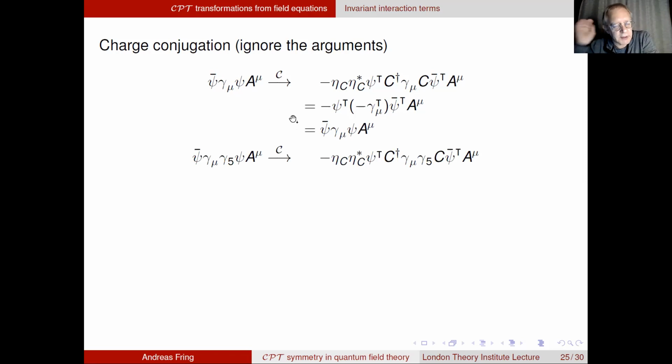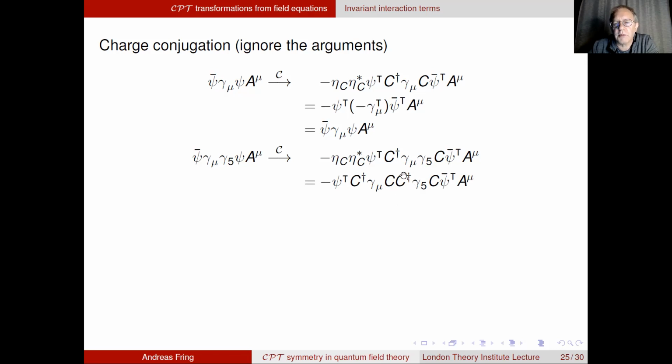But if we look at the other term in the chiral interaction term, namely this one, it will transform in this way. I won't read this out in detail anymore; we have done this a few times. Just a comment on the calculation that follows. We insert a 1 between gamma mu and gamma 5.